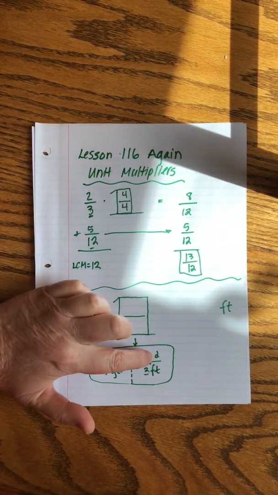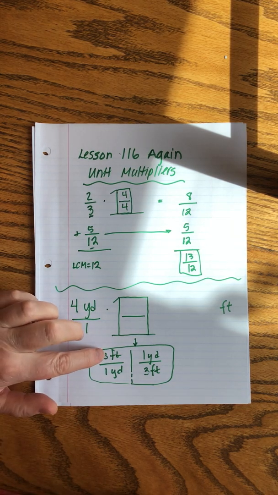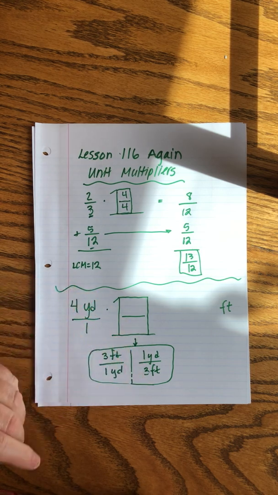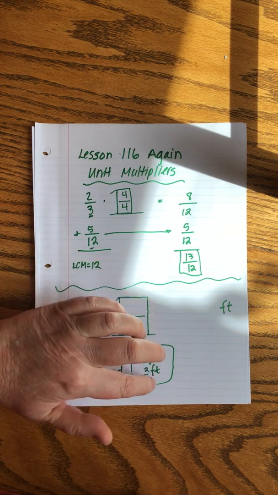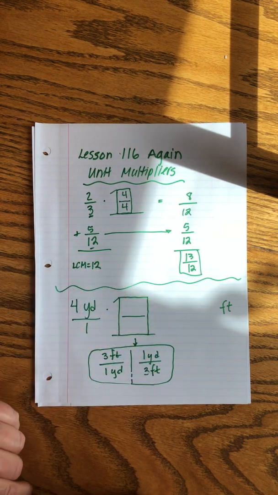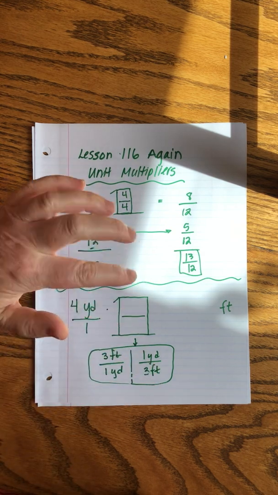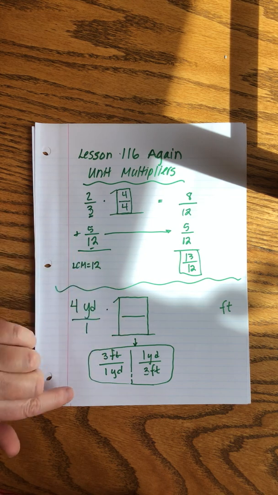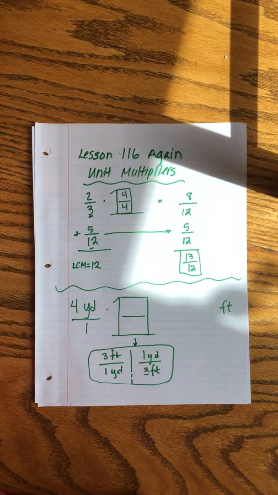We've created 2 fractions that are equal to 1, because 3 feet equals 1 yard and 1 yard equals 3 feet, right? It's 2 ways of saying the same thing, but both of these are equal, top and bottom, equal value, different shape. And we're going to use one of these to multiply here, just like we multiplied this to change its shape. We're going to use one of these here to change its shape from yards into feet.